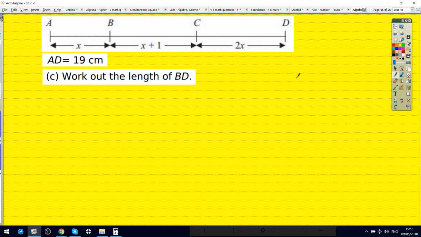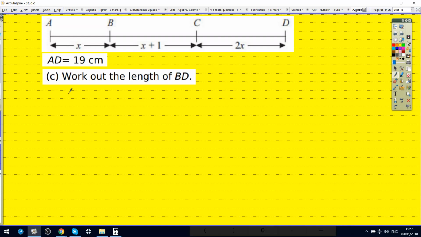So A to D is 19. What else is A to D in terms of x? In x, that would be B to C and C to D. Yeah. So A to D is what you get when you add them up. And so what would you get if you added those up?